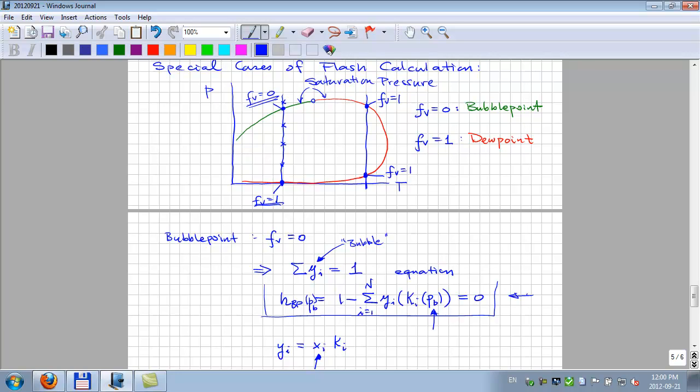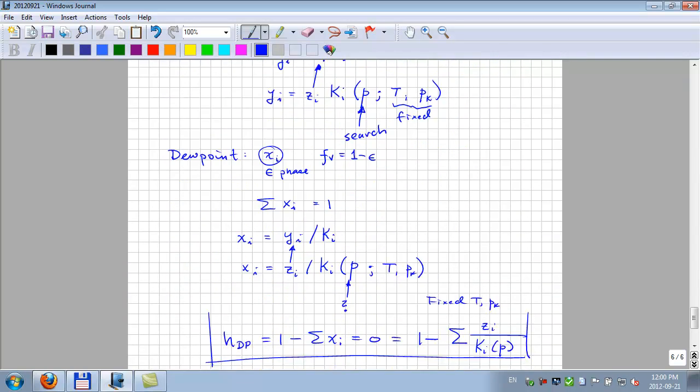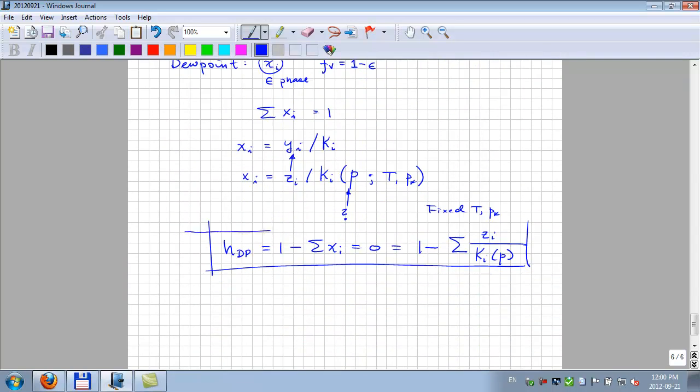Find two solutions. So we'll drive that H dew point to 0. You can do that at two different pressures. So it'll be two solutions. The upper dew point and the lower dew point.